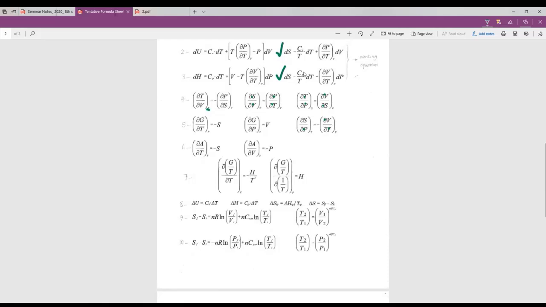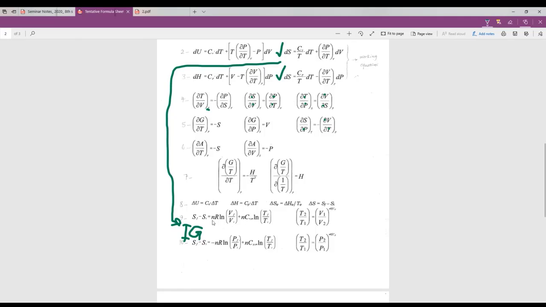However, you can simplify these two equations for the case when we have an ideal gas in the system. The only pathway that we've specified here is ideal gas.